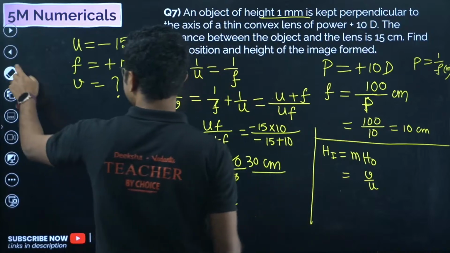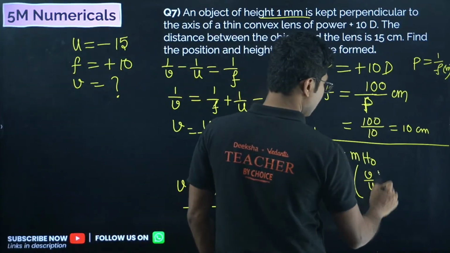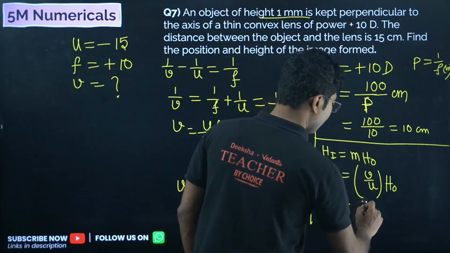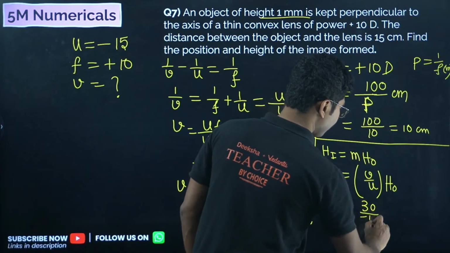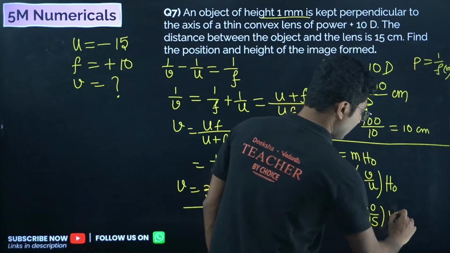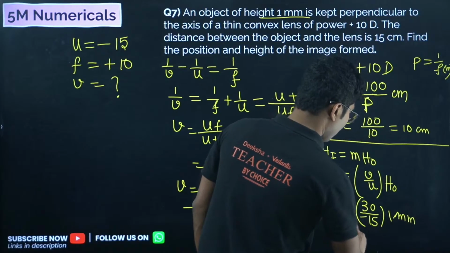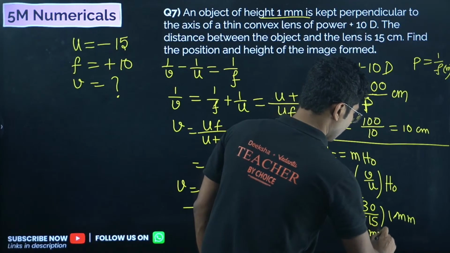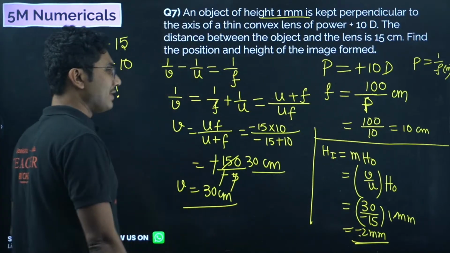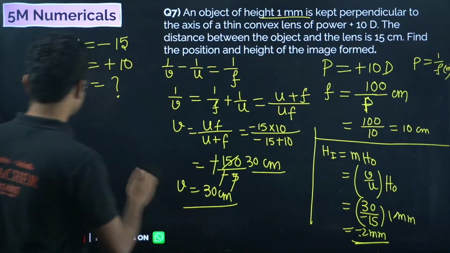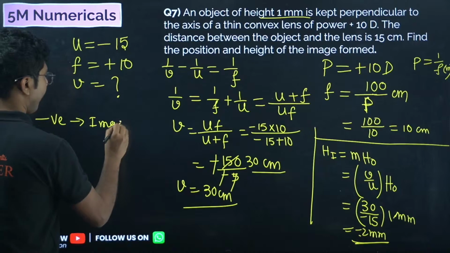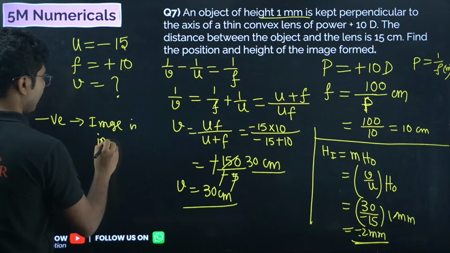Sorry, for a lens there is no negative sign to start with, for a mirror there is a negative sign. So here we put 30 divided by minus 15 into 1 millimeter, so that will be minus 2 millimeter. Now what is the meaning of this minus? The negative sign represents that the image is inverted.